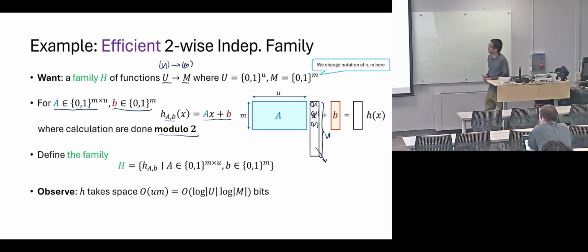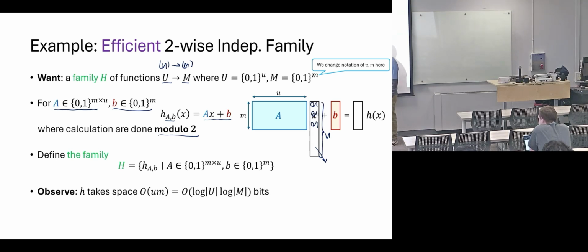And what we're going to do is sample a function from this family. You see that each function takes space something like m times u. This is basically the number of bits in A. But actually it's small, because the size of your range and domain is 2 to the small u, 2 to the small m.